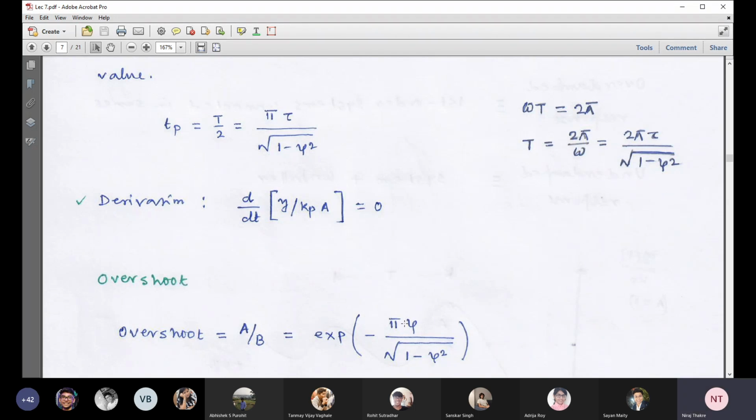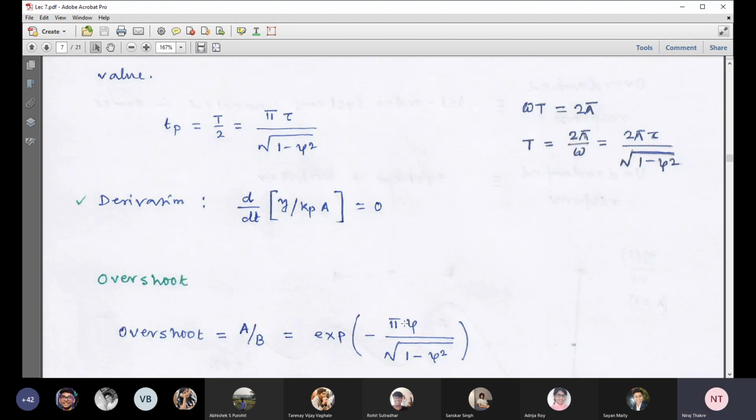So you determine capital A first, substitute Tp in place of T, and get A. And B you know that is 1. By this way you calculate overshoot A by B.